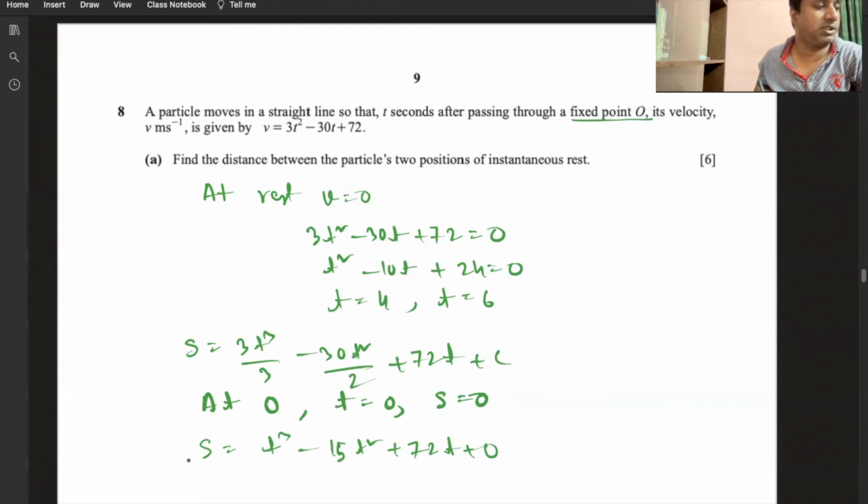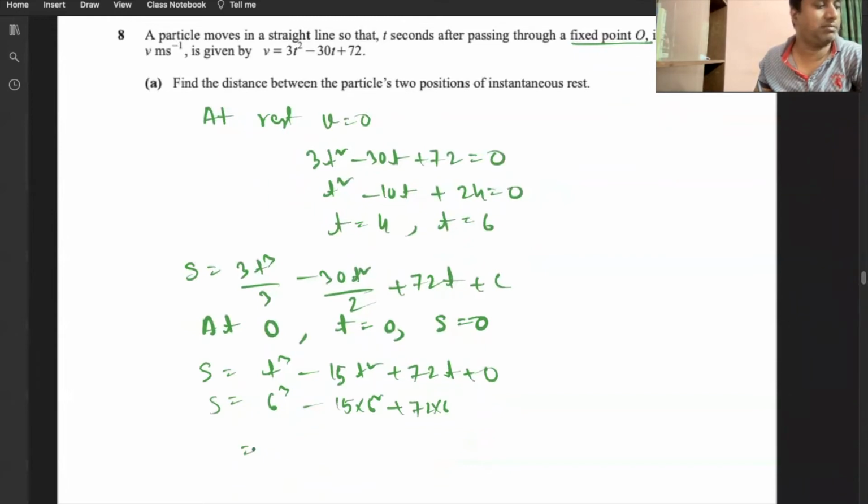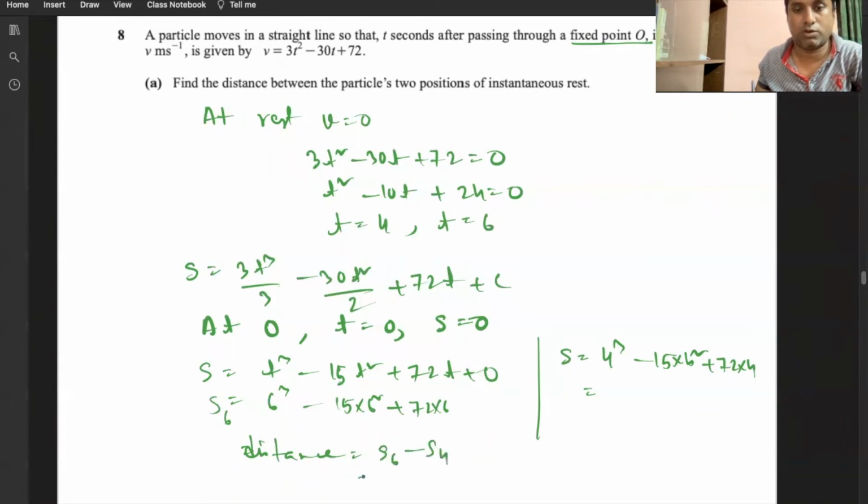Now use 6 cube minus 15 times 6 square plus 72 times 6 and simplify, and in the same way use 4 cube minus 15 times 4 square plus 72 times 4, and subtract. The difference S6 minus S4 is 4 meter. So that is the distance, 4 meter.